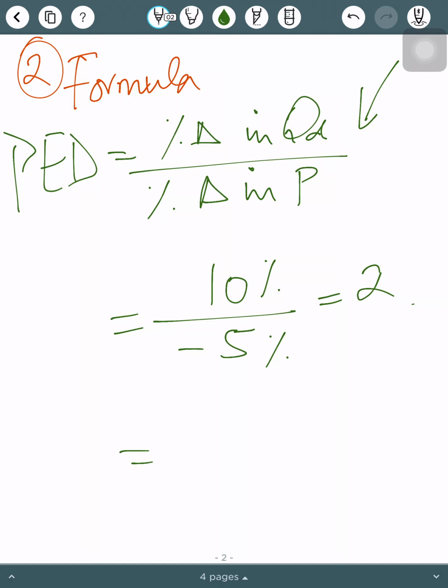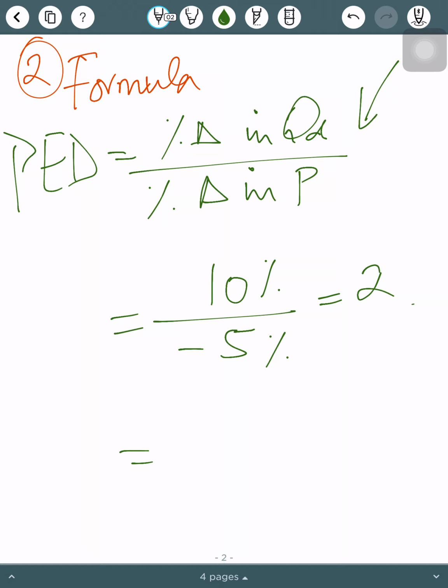Why? Because it has changed by more than the percentage change in price. So the price changes by 5%, the demand changes by more than 5%. The price changes by, let's say, 2%, 3%, whatever percent, the quantity demanded changes by more than the percentage change in price.